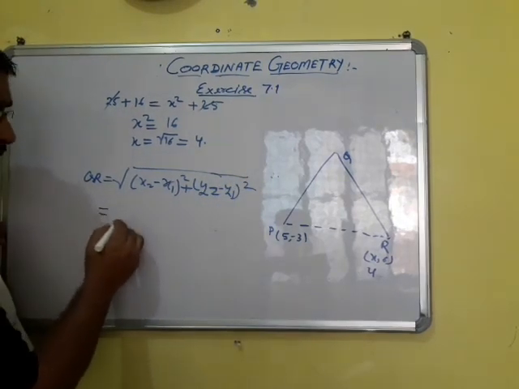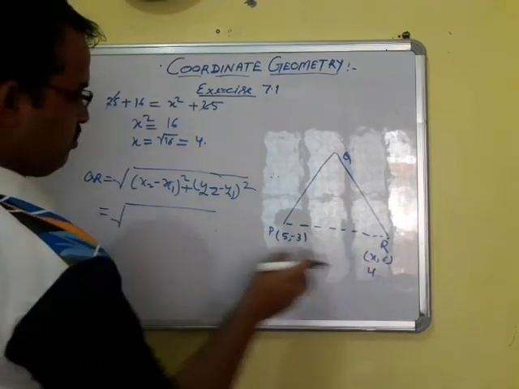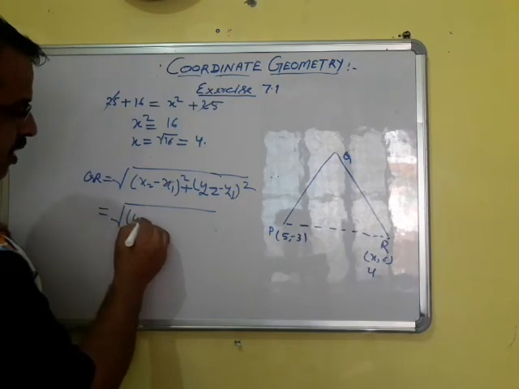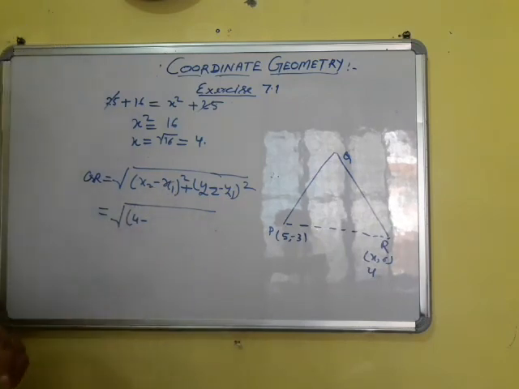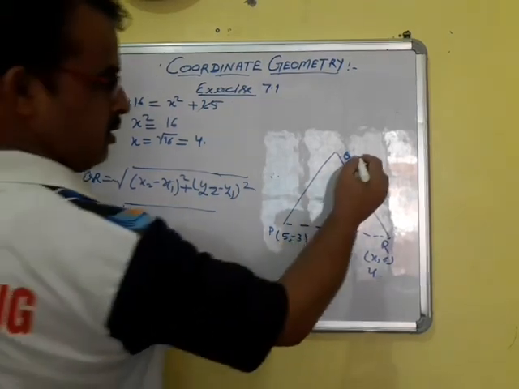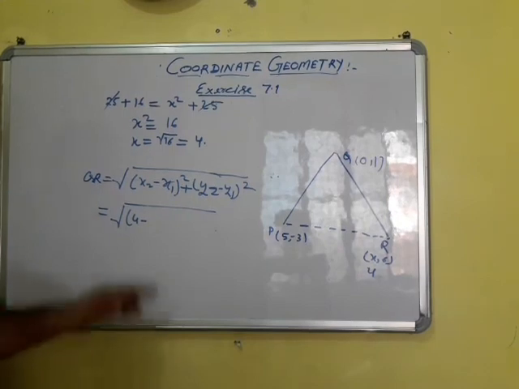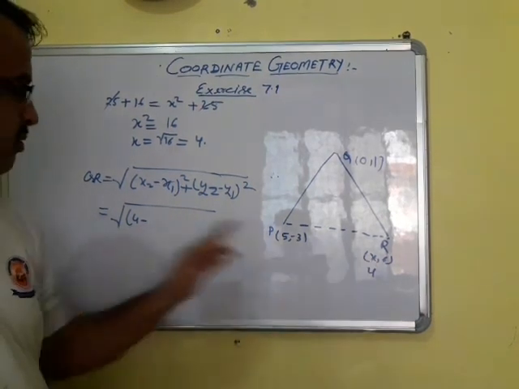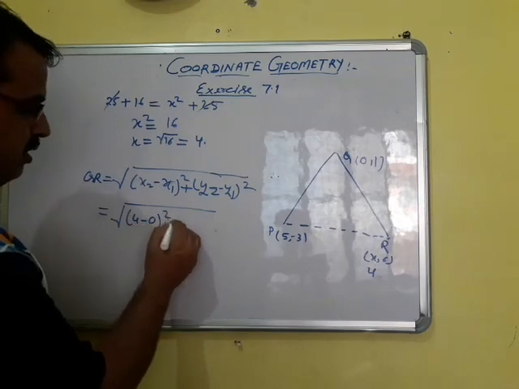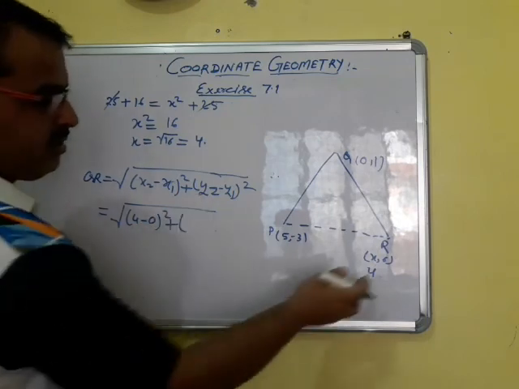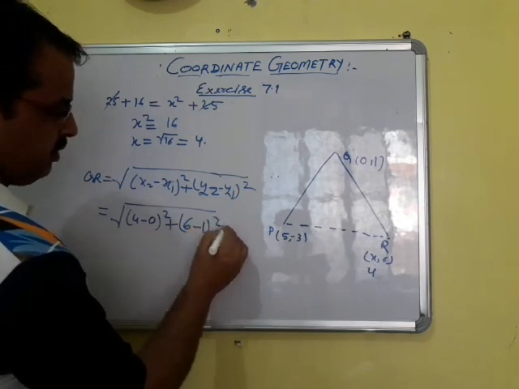Here x2 is 4 and x1 is 0, since Q's point is (0, 1), and y2 is 6 and y1 is 1.